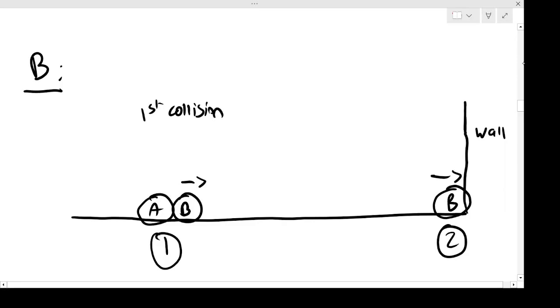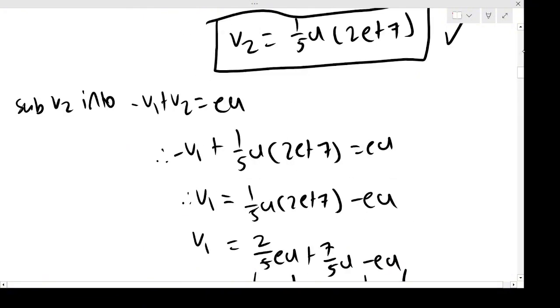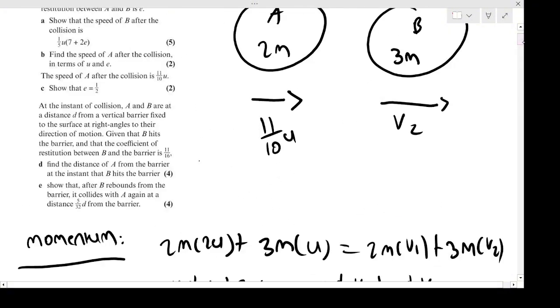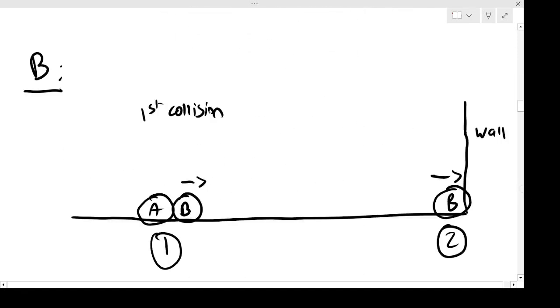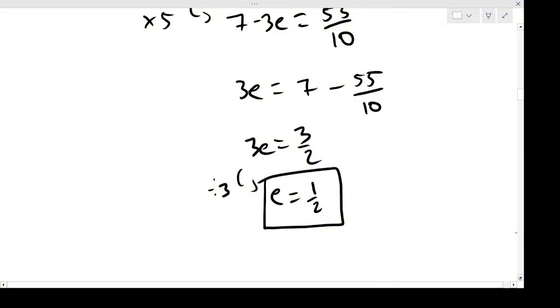Now, what about my speeds? Well, B has speed V2. We know that V2 is a fifth U of (2E plus 7), and actually, we know that E is a half. So let me simplify this.